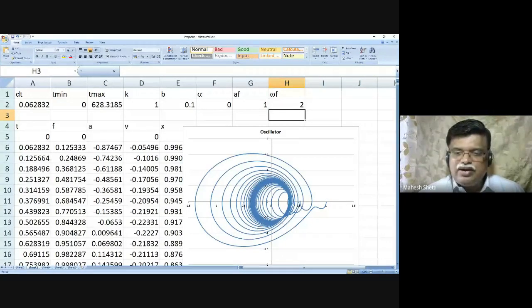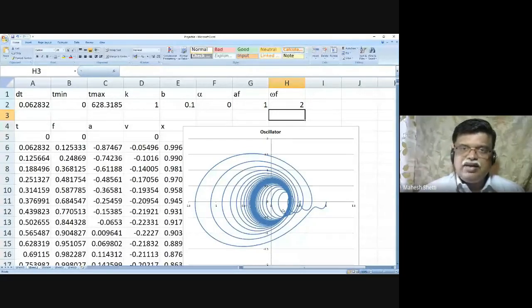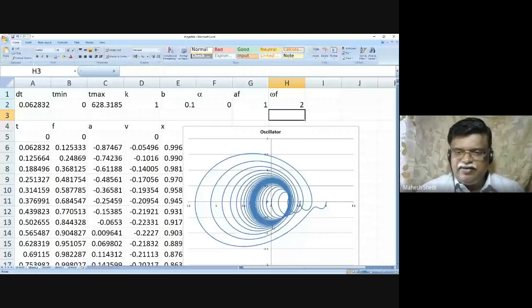Because you are continuously providing energy, ultimately it has to come down to some particular amount of energy. Remember last time we said that the area within this particular loop, or the volume in the phase space, is proportional to the energy of the oscillator. So ultimately it is coming to one particular fixed amount of energy because you are driving it with a certain force.